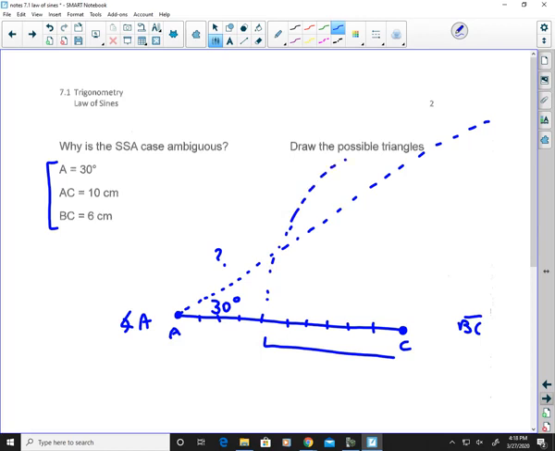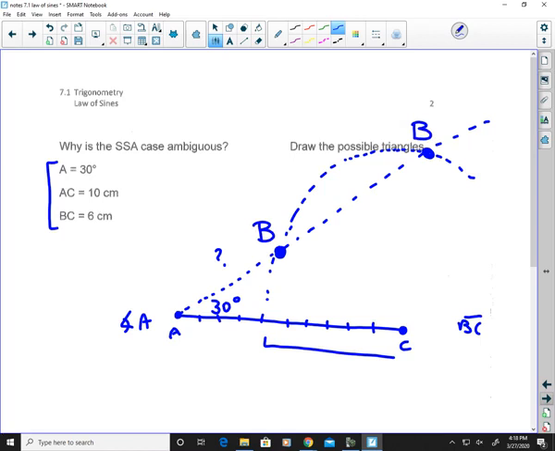So if I swing an arc with my compass, I can see that I have 2 locations where I am hitting side AB. I don't know if B was at this location or at this location.